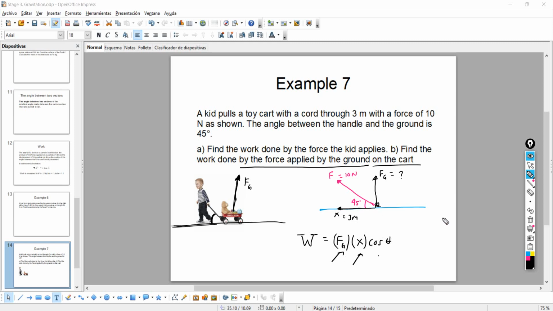And by the way, in order to make this cleaner, let me erase this other force, because we're no longer talking about it. Let's clean up some of the problem.